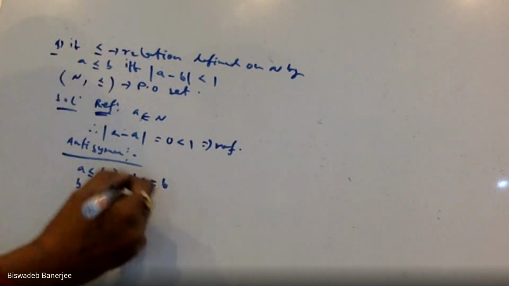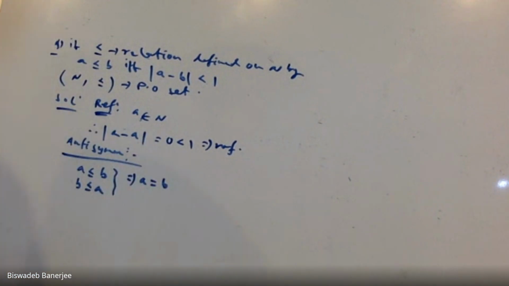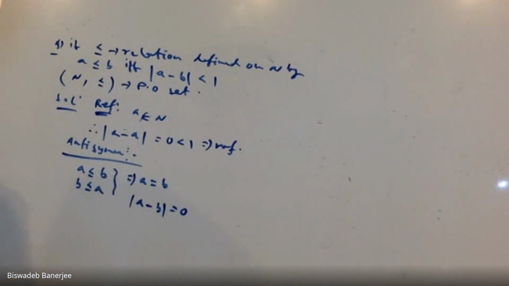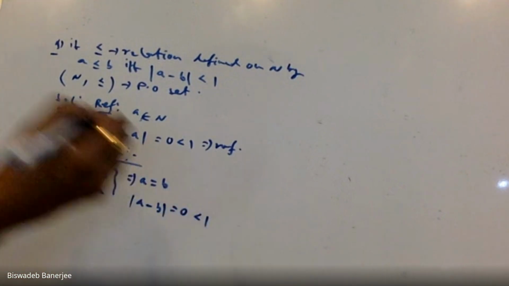So yes, we can say that it is antisymmetric, because mod of A minus B equals 0 and 0 is less than 1.